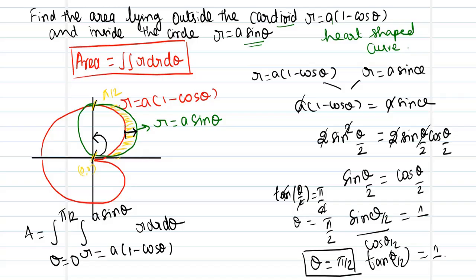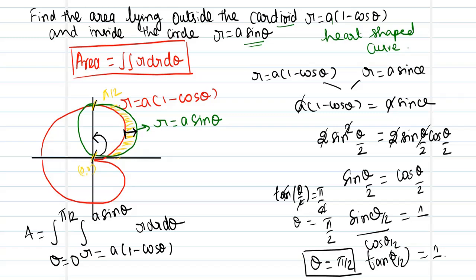So when we consider this, r begins at the red portion. What is the red portion? The cardioid, a into 1 minus cos theta. It moves and it ends at the right portion. Which is the right portion? The circle a sin theta. So r varies between a into 1 minus cos theta to a sin theta.